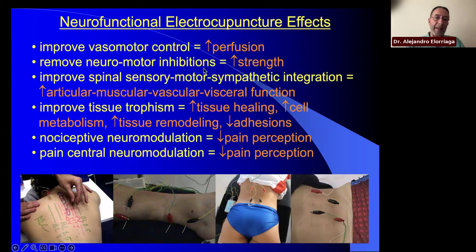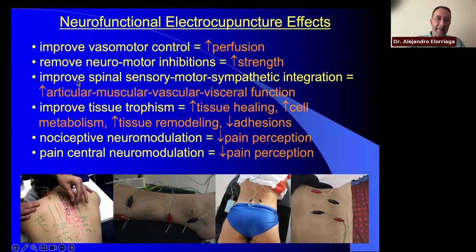In addition, I believe that the arrival of good signals, signals triggered by the needles plus the electrical stimulators, at the segment improves in a non-denominational manner everything that the segment handles, which is articular, muscular, vascular, visceral function. And this is also demonstrated through many experiments in the literature.